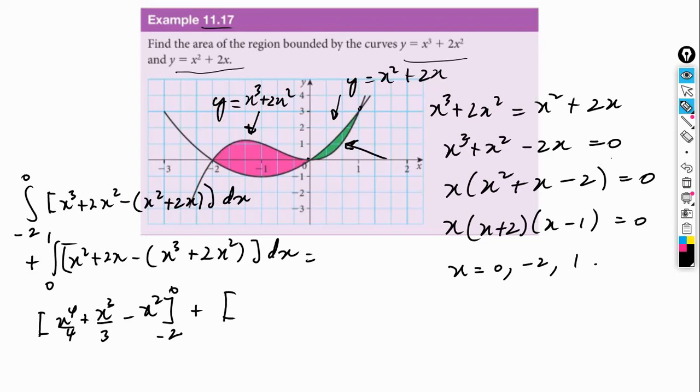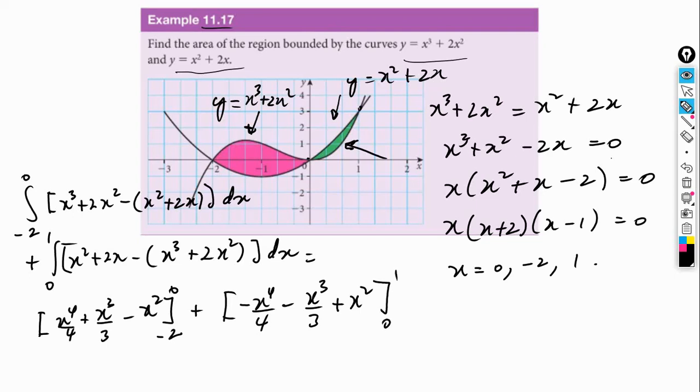So it would be minus x to the 4 over 4 minus x cubed over 3 plus x squared. And this will be from 0 to 1.